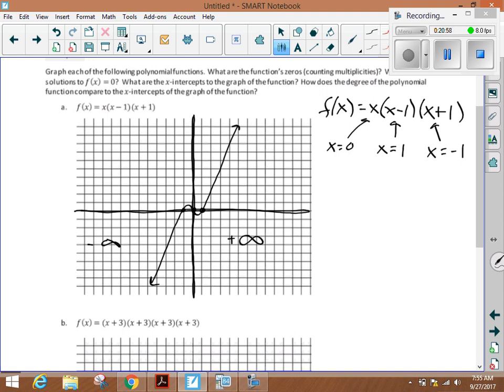As it approaches negative infinity in the x direction, it will also approach negative infinity in the y direction. As it approaches positive infinity in the x direction, it will approach positive infinity also in the y direction.